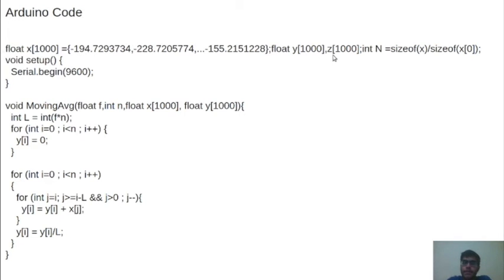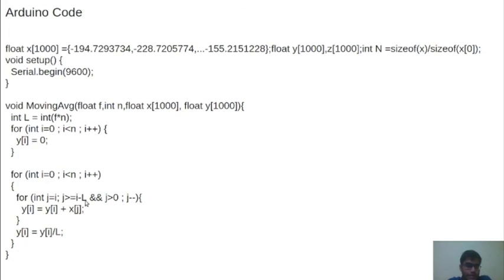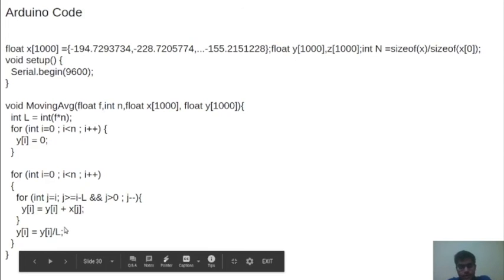This is the input part of the code, and this is to find the size. This is to initialize the baud rate as 9600. Now this is the moving average function. It is initialized to 0, with the same conditions so that the index is not negative, and we take L samples and multiply by the moving averaging factor.